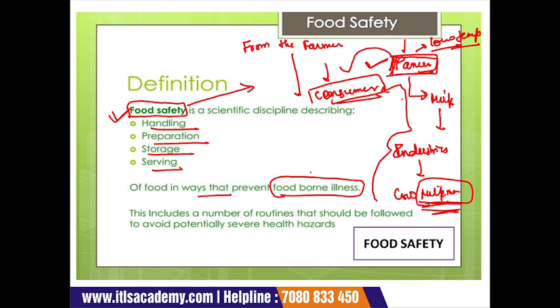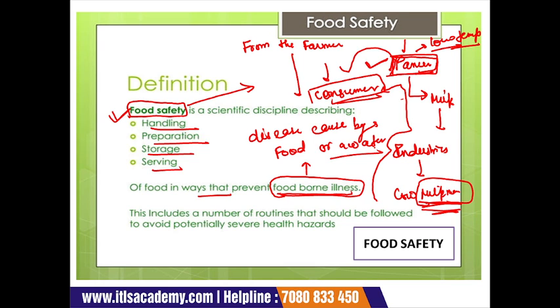Because what does that word mean? Foodborne illness: the disease caused by food or water. Okay, the disease caused by food or water is called foodborne illness.